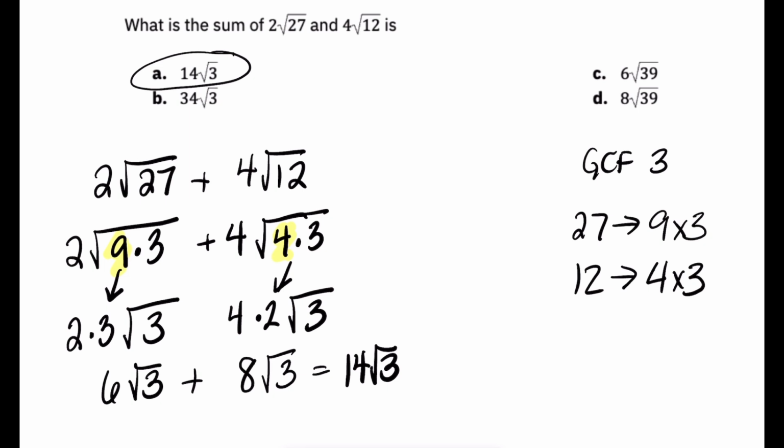But you're going to see problems that have just a simple number under the square root. But also don't be surprised now if you have a whole number on the outside. Now we know what to do, which is to just multiply that square root with whatever digit is on the outside. Once we have like terms or the same radicand, then we can add them together, and we're only adding those whole numbers together.